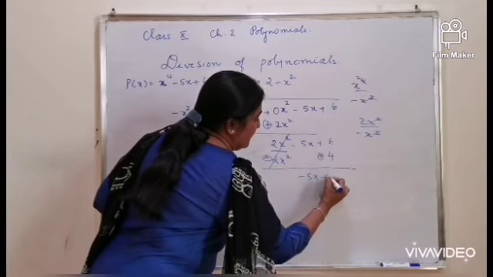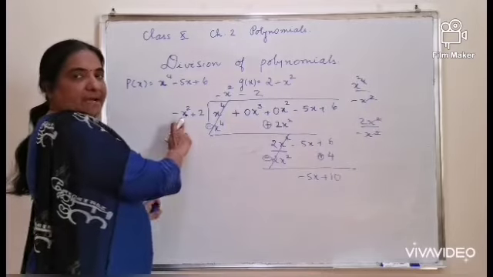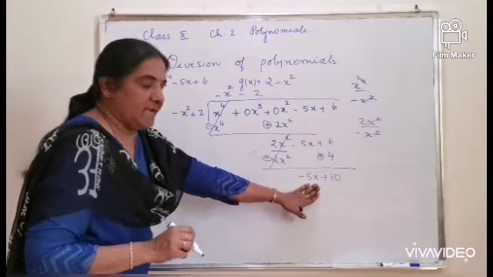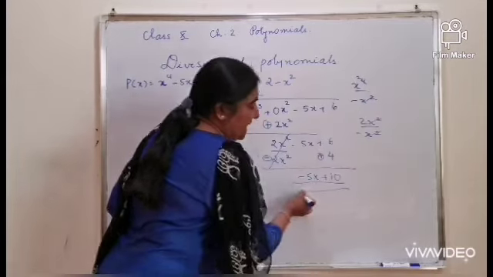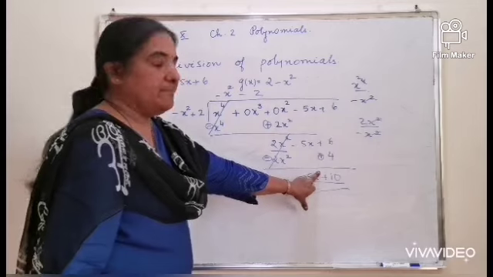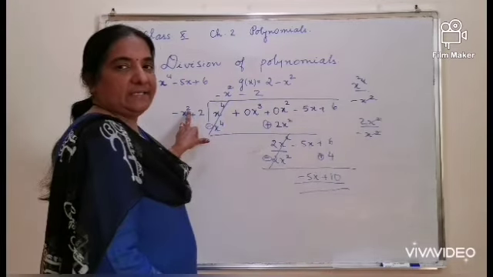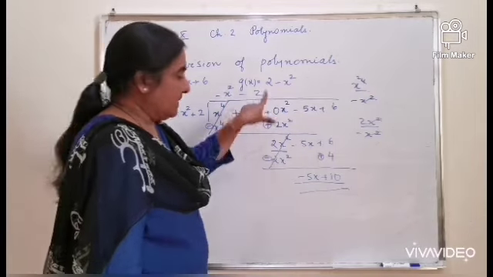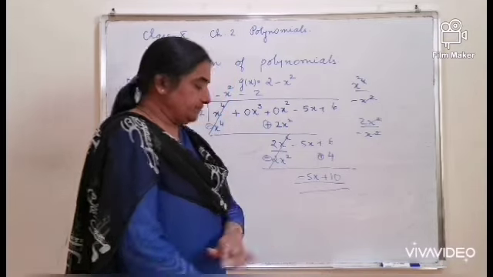Minus 5x plus 10. Minus 5x divided by x square is becoming minus 5 by x. The division stops as the power of the variable is smaller than the power of the divisor. Thus, the quotient is minus x square minus 2 and the remainder is minus 5x plus 10.